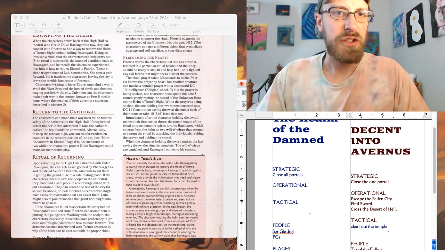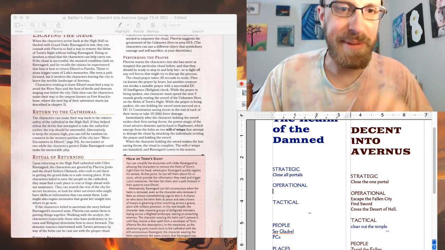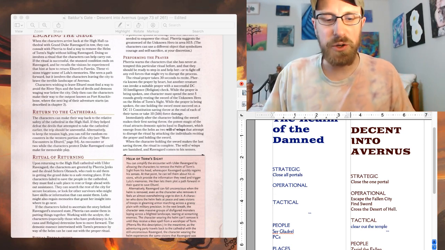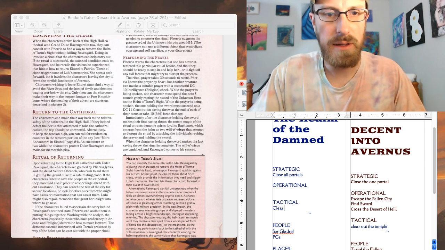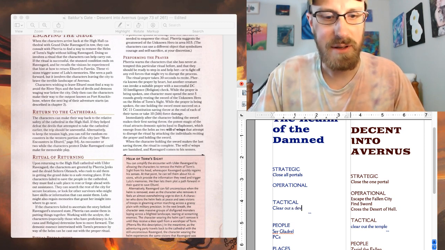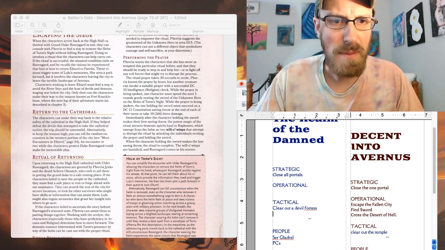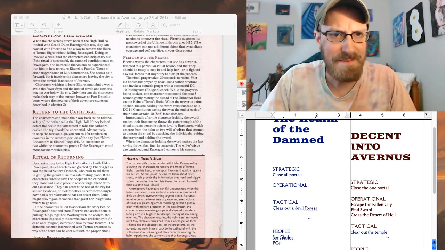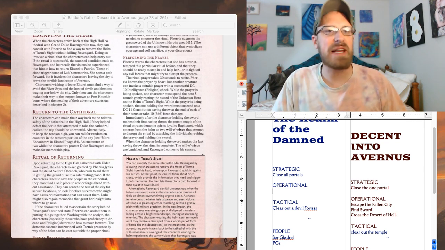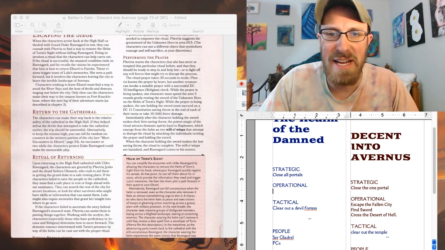So what I was sort of imagining they're going to be doing down there, right? For tactical goals, I want them to clear out a devil fortress. I think that'd be really cool. As for their operational goals, I don't really have any of these, right? So I'm just going to probably take one of these.